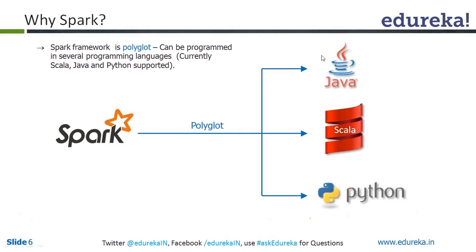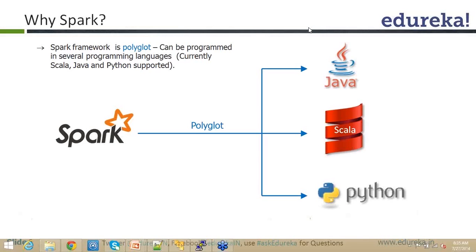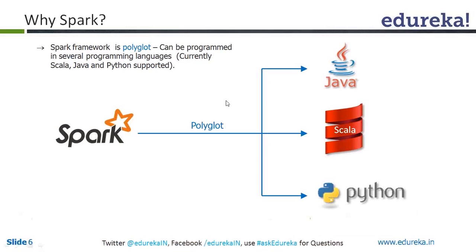Just continuing on the same thing, I think I have already covered this point at some earlier slide, wherein when it comes to why Spark, the Spark framework is polyglot, and can be programmed in several programming languages.